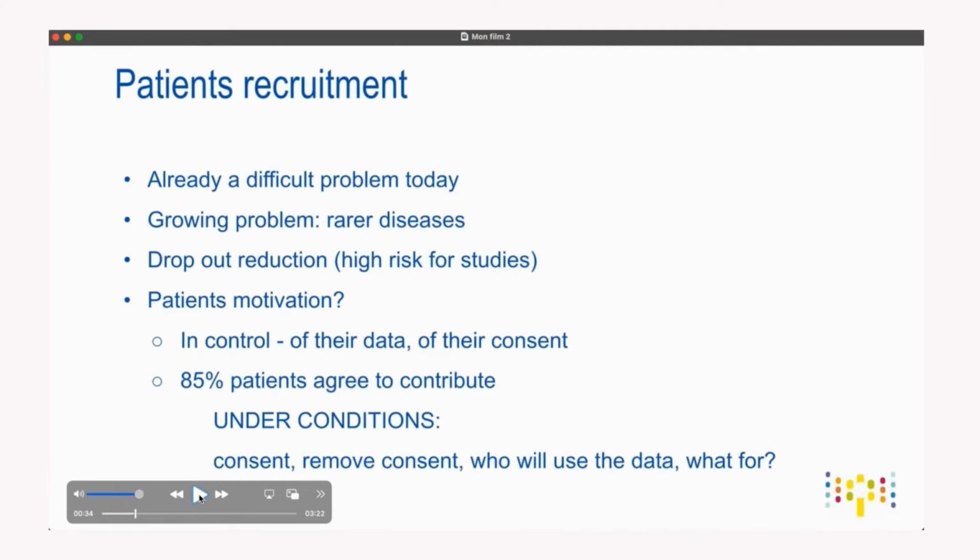But for rarer disease, it's becoming more and more difficult to recruit patients. Also, when you have recruited the patient, there is a number of patients that drop out for various reasons. And if the number of patients gets too low, then the data is not significant anymore, and the whole study can be thrown away or aborted, and with very high costs to the sponsors.